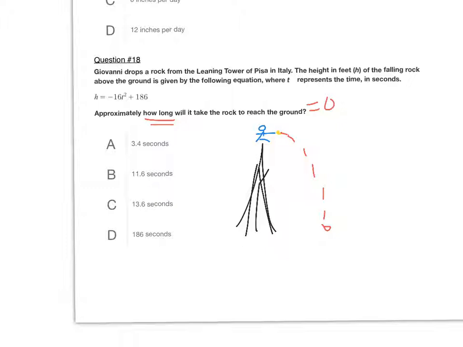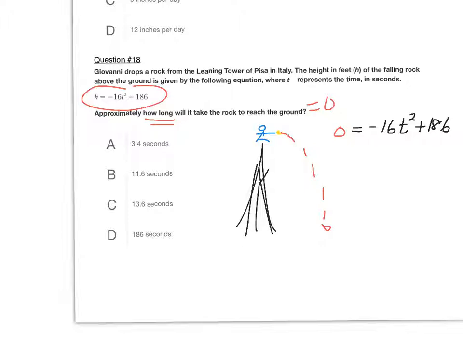So we are going to let h equal 0. So in this equation right here, we're going to replace h with 0 equals negative 16 t squared plus 186. So what you can do is put this into your calculator and graph it.